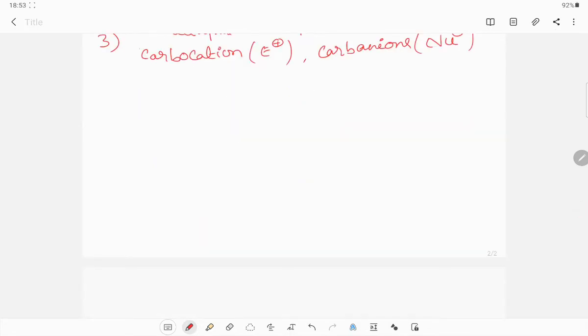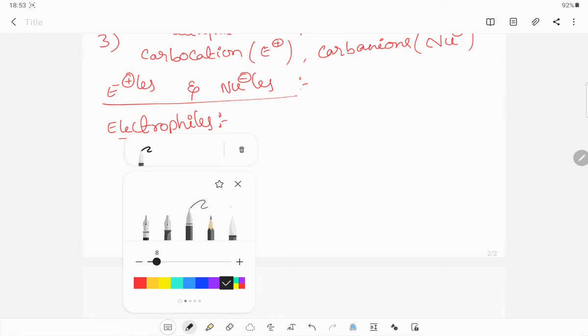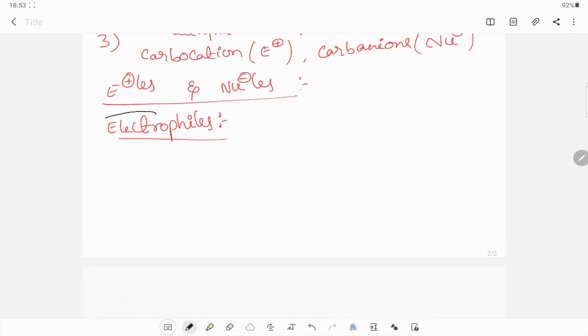Now our discussion is electrophiles and nucleophiles. First we will discuss electrophiles. Electro means electrons, philes means deficient.